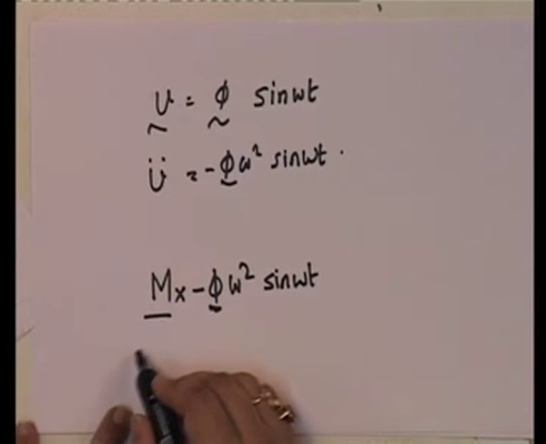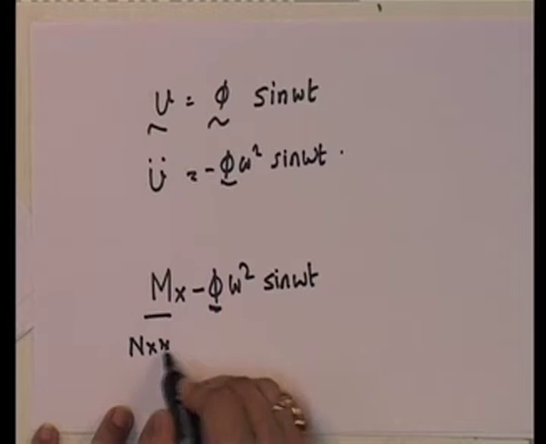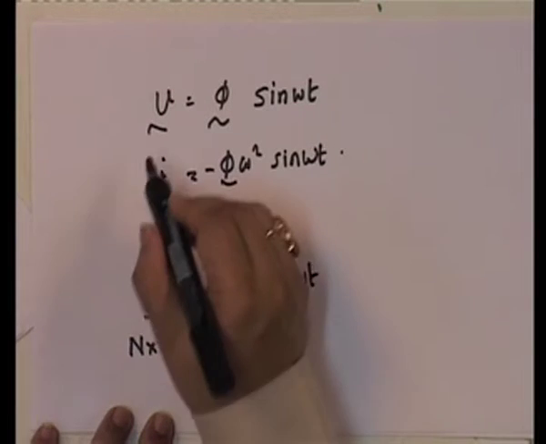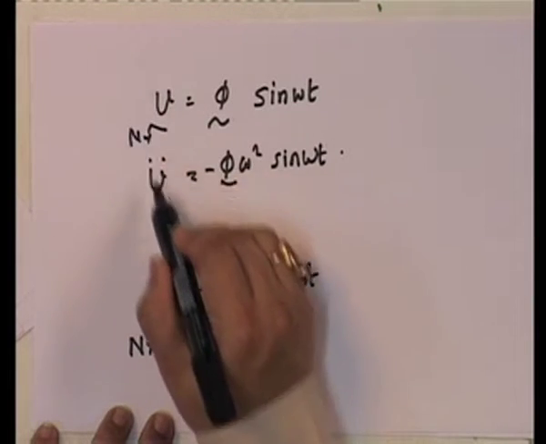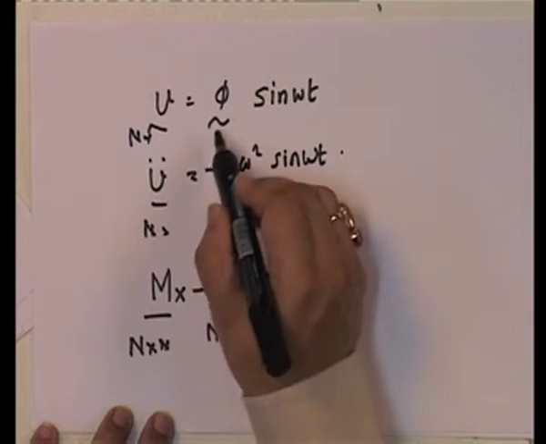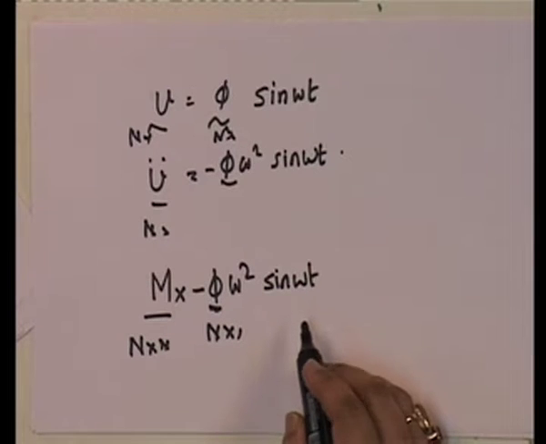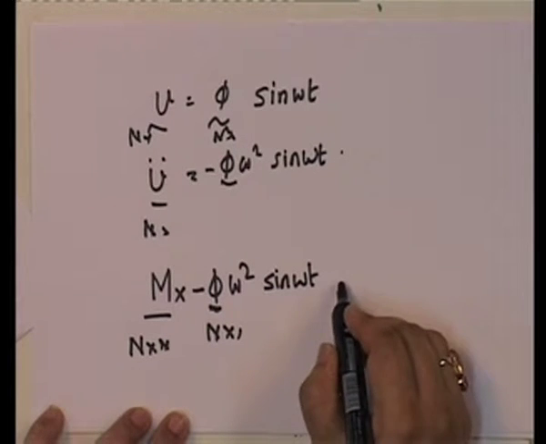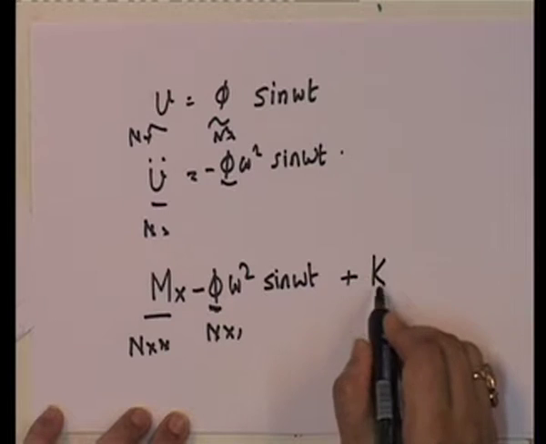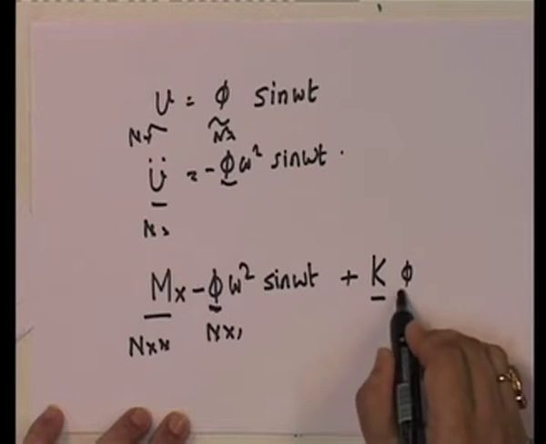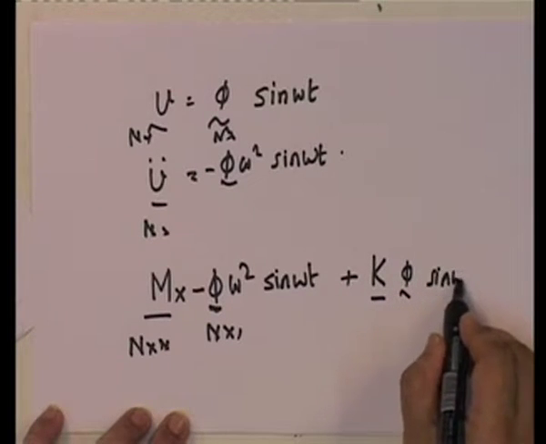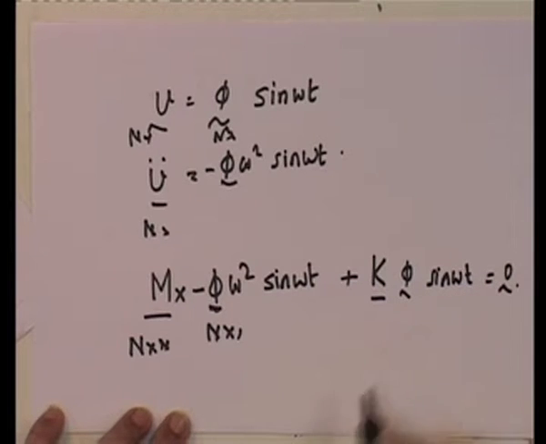Now, note this is n by n and this is n by 1. So, this is n by 1. Then plus k into phi sin omega t is equal to 0.